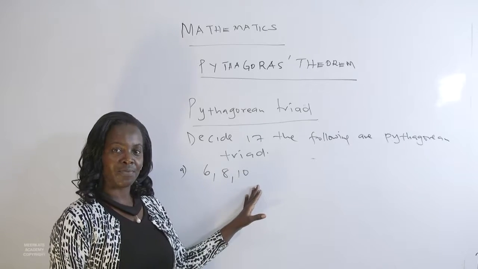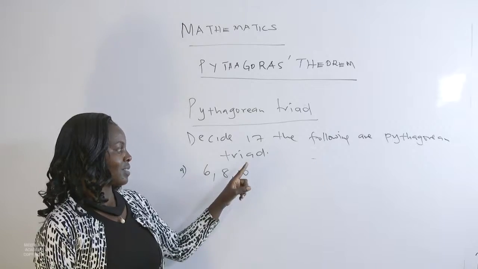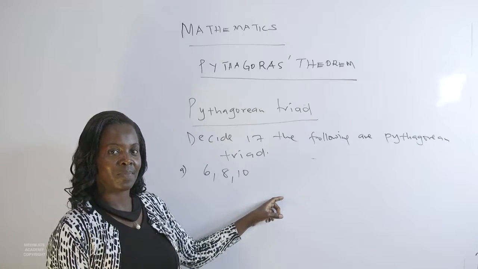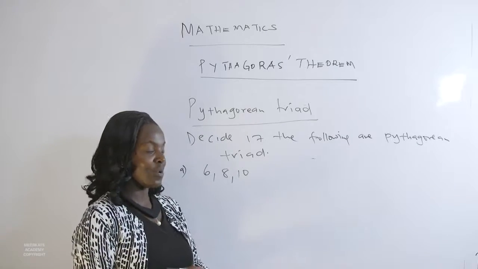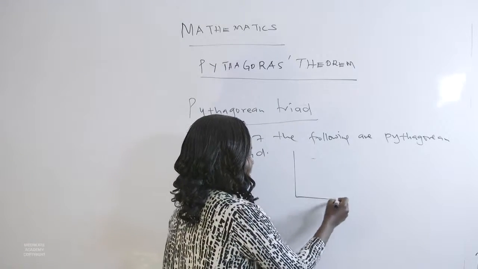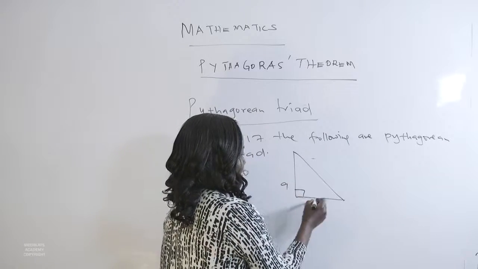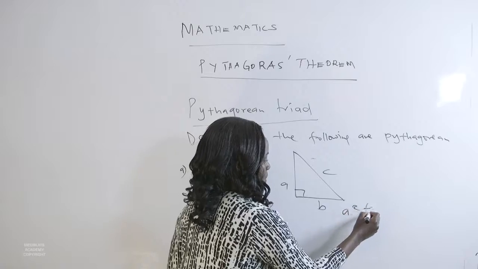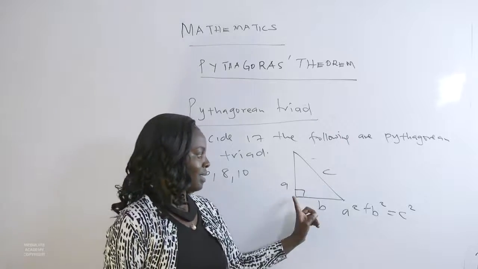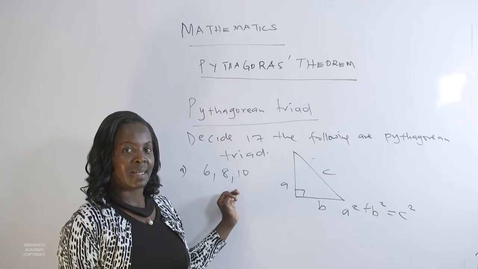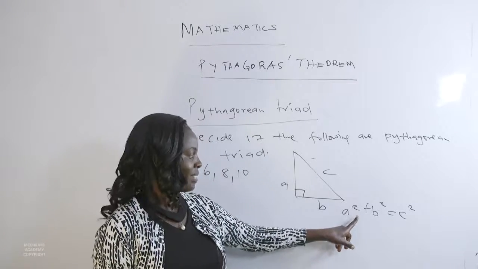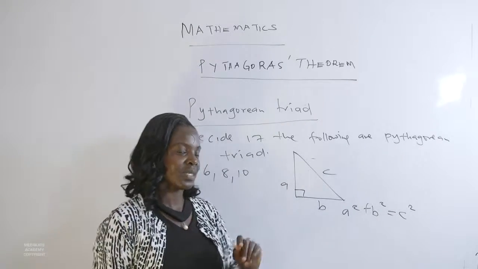We will use the Pythagoras Theorem, which states that the sum of the squares of the two shorter sides of a right angle triangle is equal to the square of the longest side of the right angle triangle. In other words, for you to know that this is a Pythagorean triad, they must fulfill this equation, that a squared plus b squared should be equal to c squared.